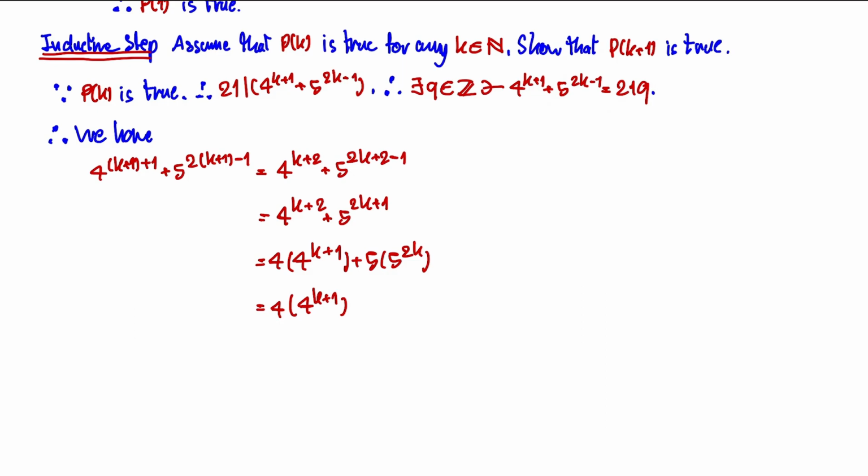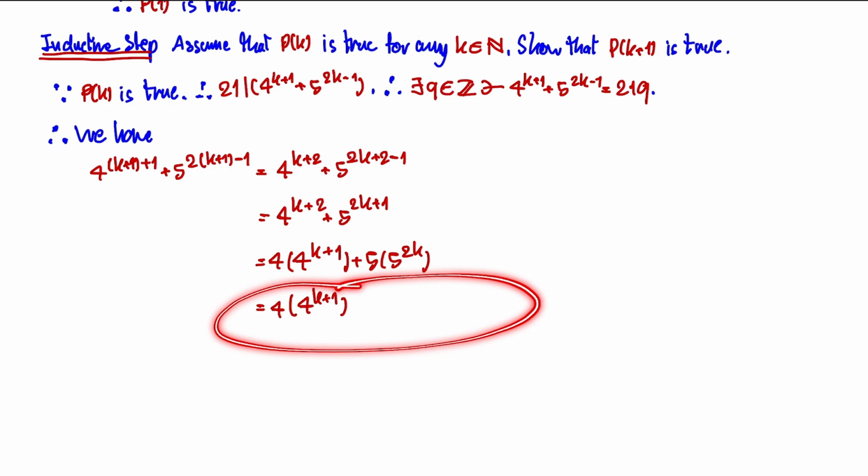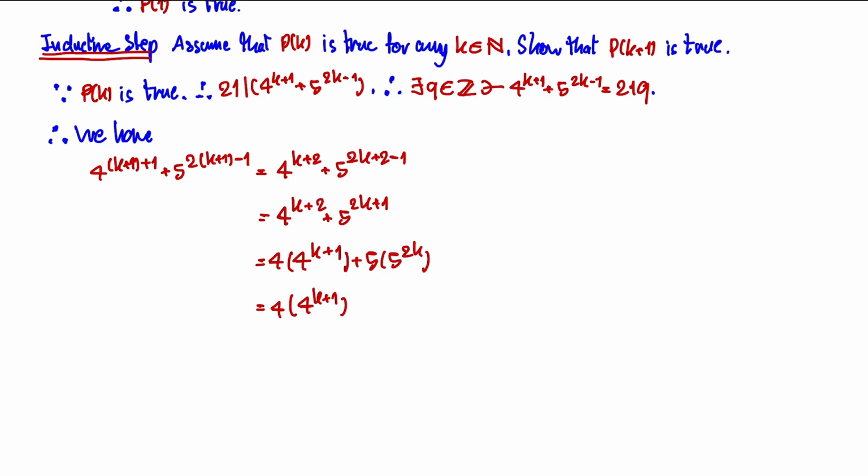So I want to have this right-hand side have a factor of 21. So right now I've got to add 4 times 5^(2k-1), plus 5 times 5^(2k) minus 4 times 5^(2k-1).